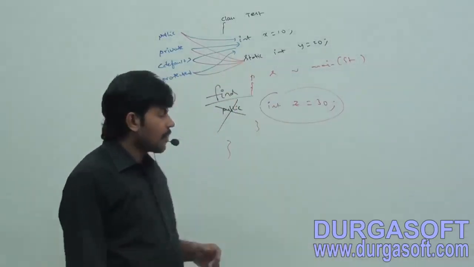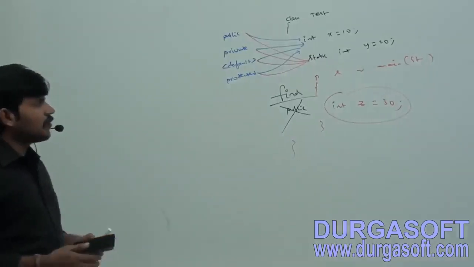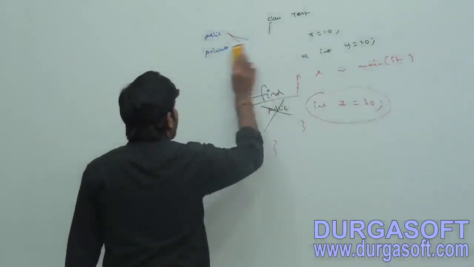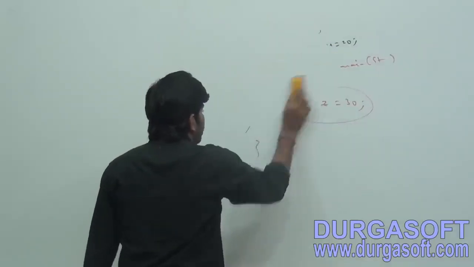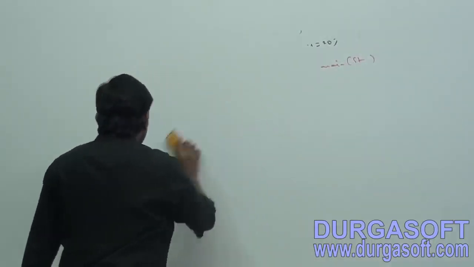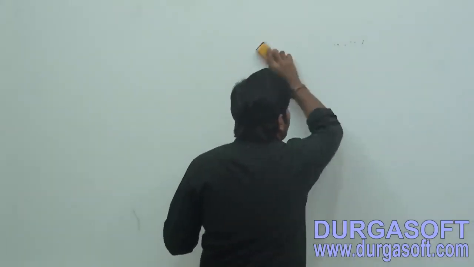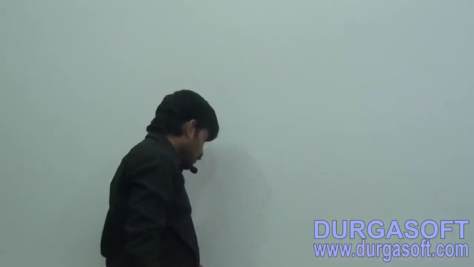At this point, the only applicable modifier for local variables is final.